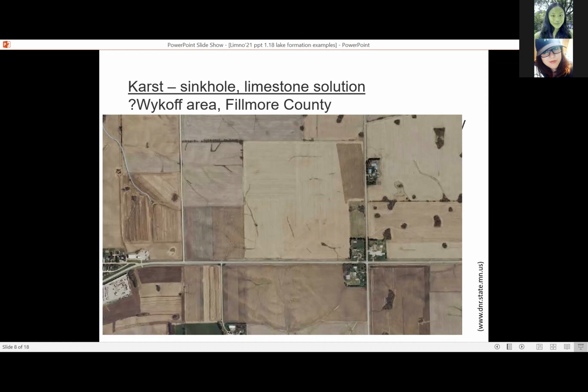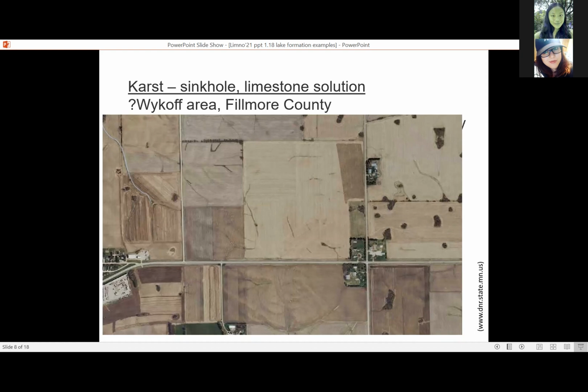And it's been in the news when somebody wants to build a great big hog farm. And this is exactly where you don't want giant pools of hog manure sitting around, because it'll get into the groundwater and the people, it's very sparsely inhabited. People drink well water. Anyways, I still hope that I will find one of these that holds water and is big enough to classify as a lake. I haven't found one yet.